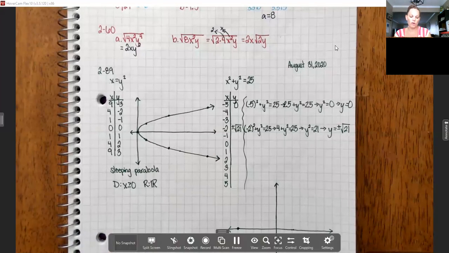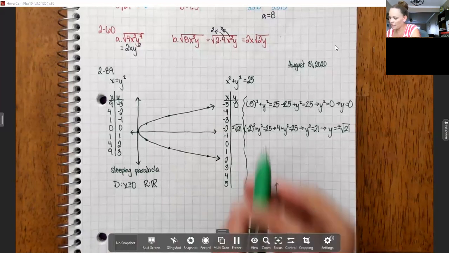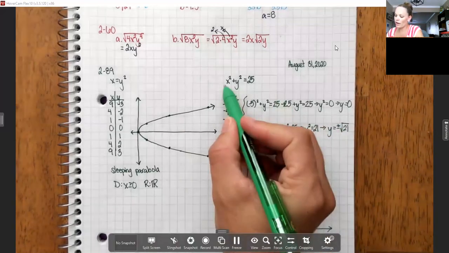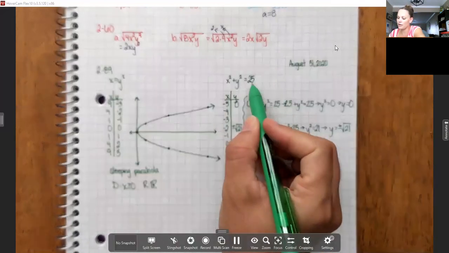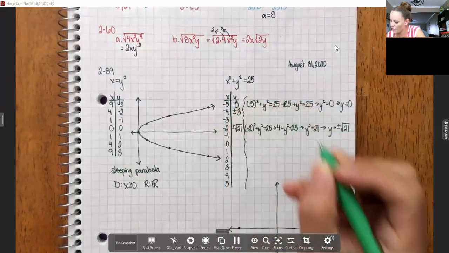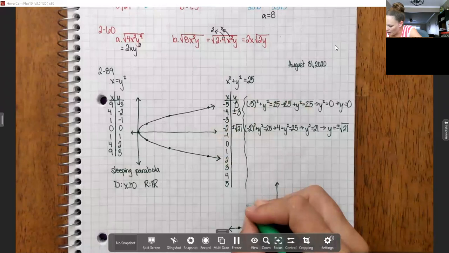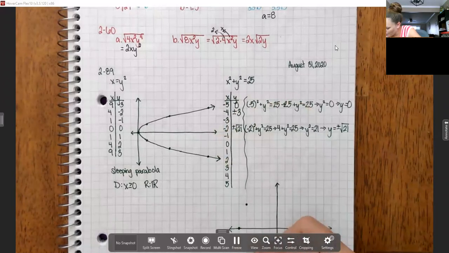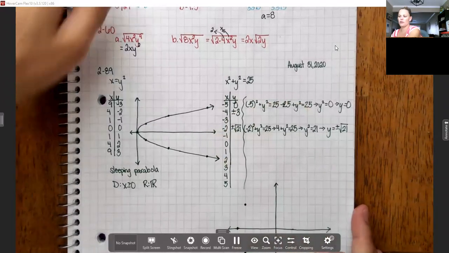Okay, so the other graph, the x squared plus y squared equals 25. So I plotted this point -5, 0. If I plug in -4 and I square it, I get 16. If I subtract that, I get 9. This becomes plus or minus 3. So at -4, I could be up here at +3 or down here at -3.